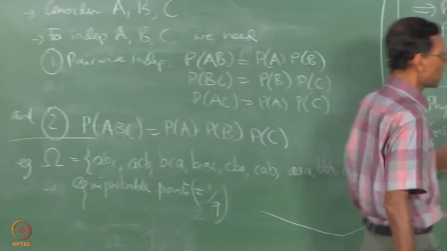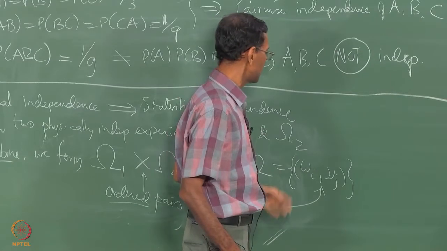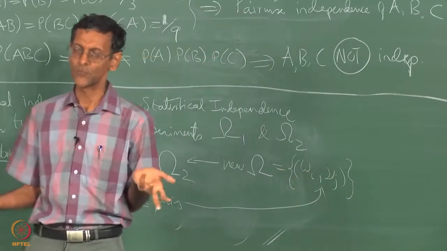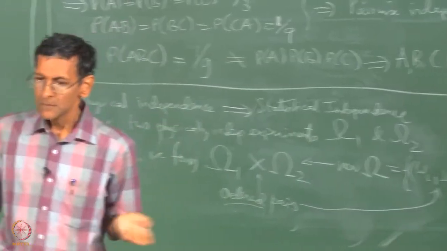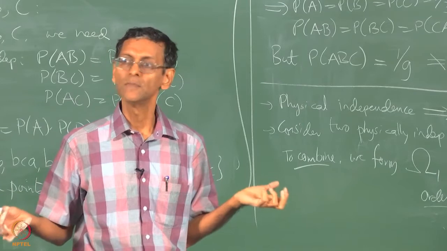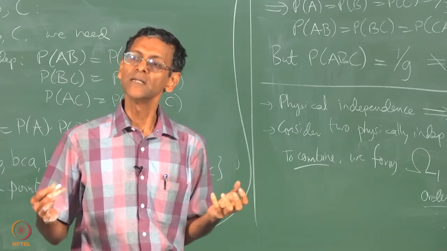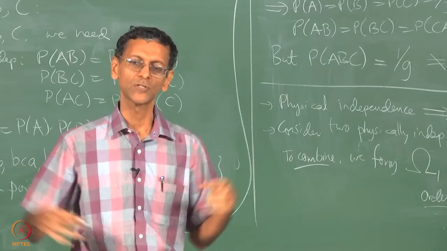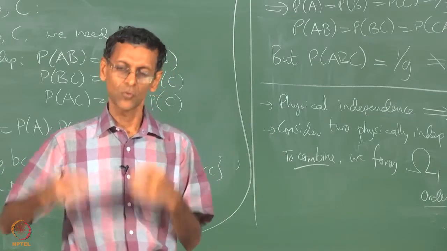Obviously, for example, if omega 1 and omega 2 are identical, you can get things of the form 1 3 and 3 1 if you throw dice. But 1 3 is not the same as 3 1, and that should be very clearly kept in mind. 1 3 is getting 1 on the first die and 3 on the second die, or 1 on the first throw and 3 on the second throw, whatever.